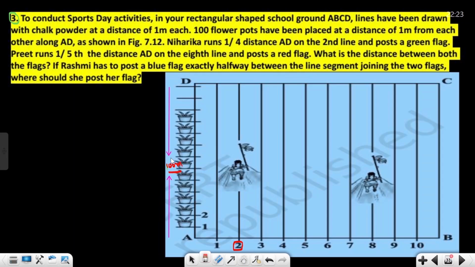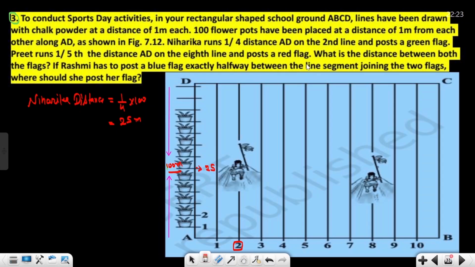AD total distance is 100 meters. Then what is Niharika's distance? It is 1/4 of 100. 1/4 of 100, cancel out the 100, is 25. It means 25 meters. Suppose this distance is your 25.